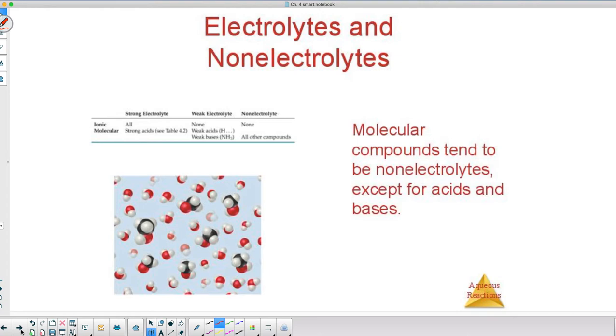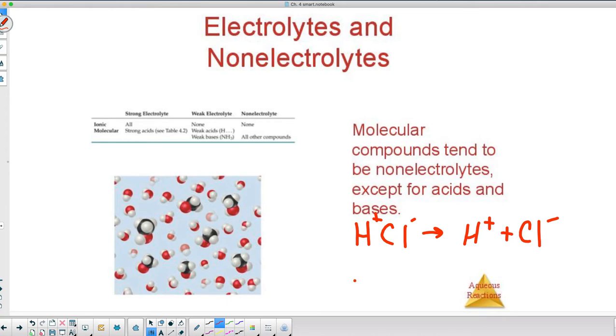Acids and bases are very specific and very situational. They're very special because the positive part for acids is H, and H is very small with a positive charge, which means that it has a very metal-like situation. So when you see something like HCl, that actually breaks up 100% of the time, and we'll talk about this when we get to acids and bases, into H plus and Cl minus, producing ions, which is why strong acids are a strong electrolyte, and strong bases are also.